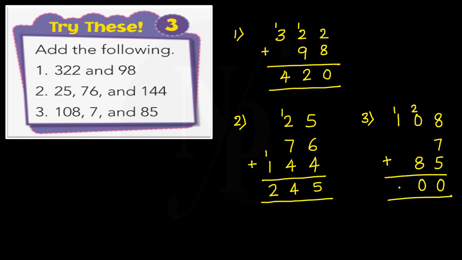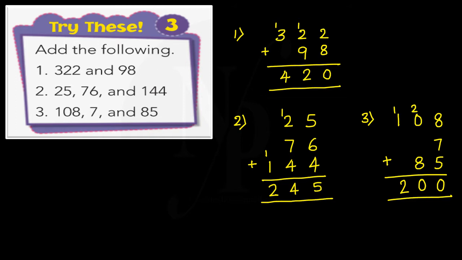So we write 2 in the hundreds column, which represents 200s. Therefore, the sum of 108, 7 and 85 is 200. So this is the sum of these three numbers. So like this, we have to add the given numbers after writing them appropriately according to their place values. We can find the sum correctly.